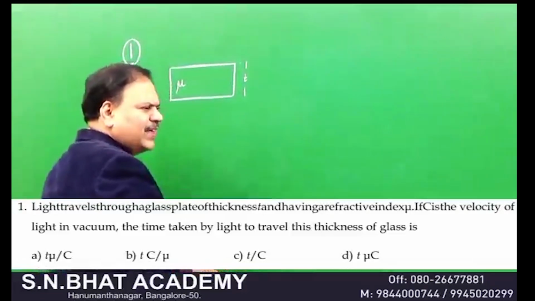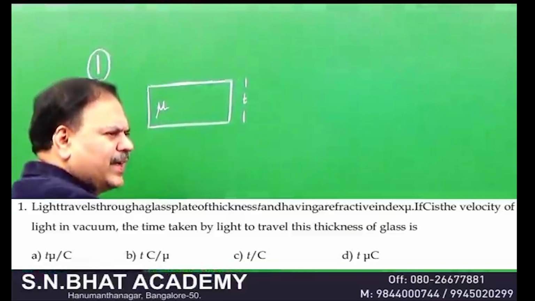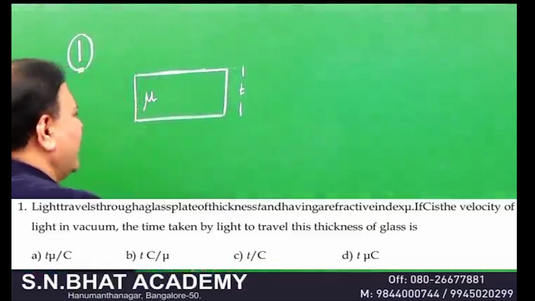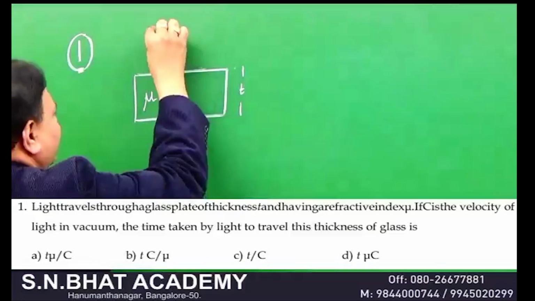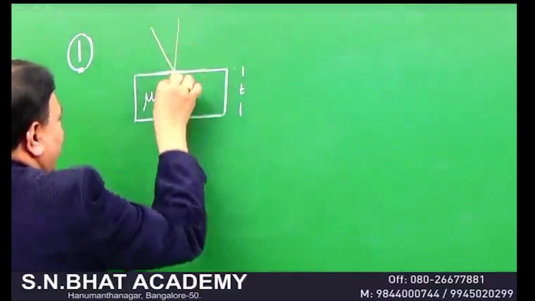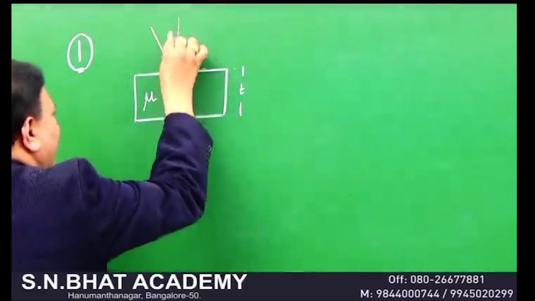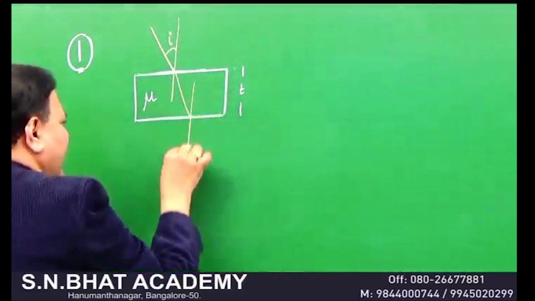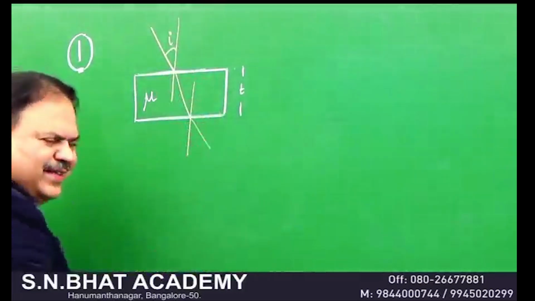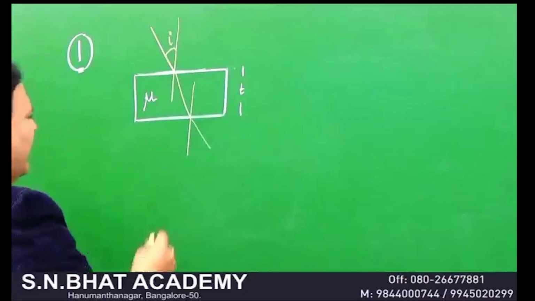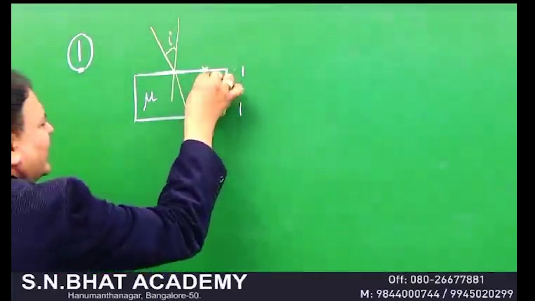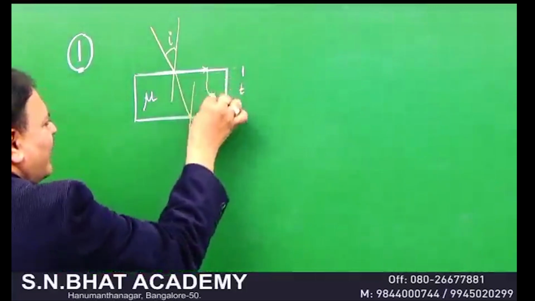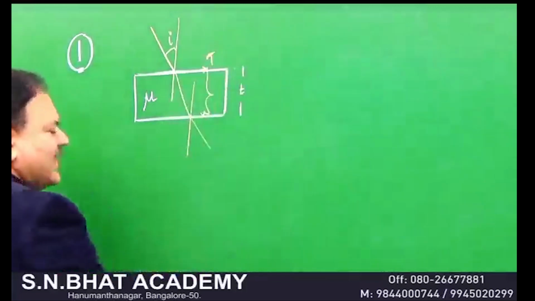If C is the velocity of light in vacuum, the time taken by the light to travel this thickness is? See, it is a very easy question. Light is incident, I is the angle of incidence. It gets refracted and finally emerges. It's a very simple question. He is asking for the time taken to travel from here to here. We shall call it capital T.